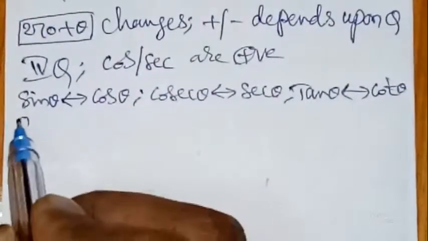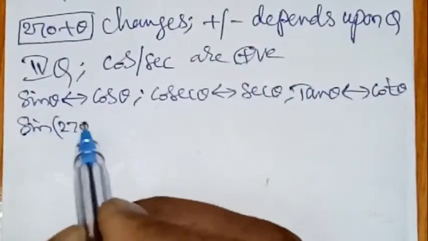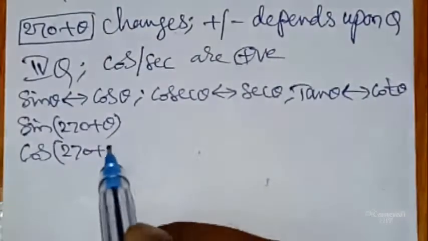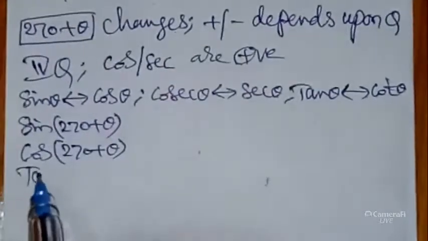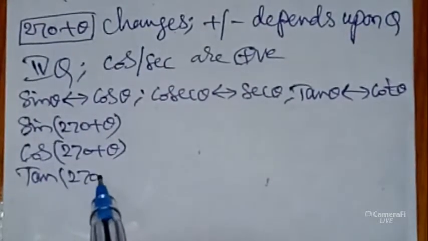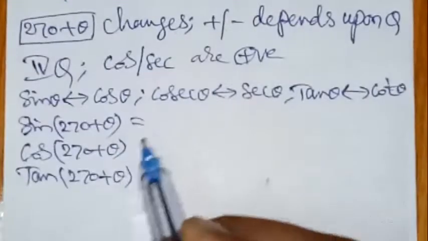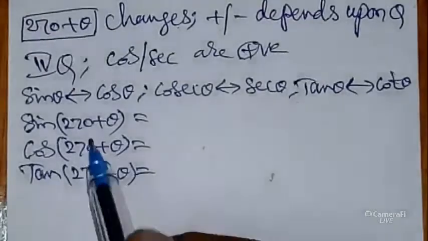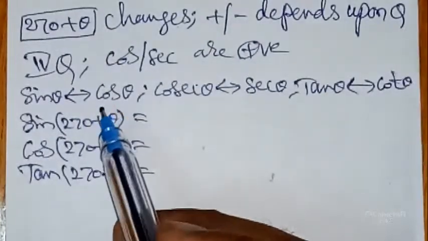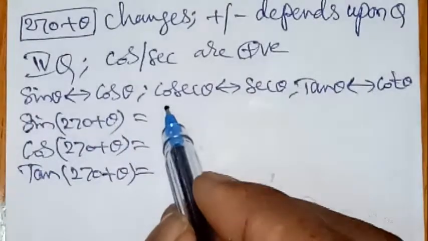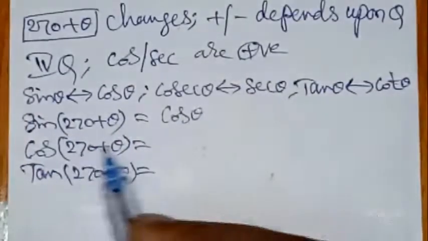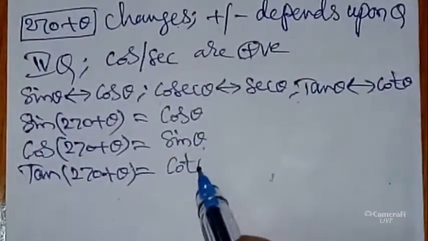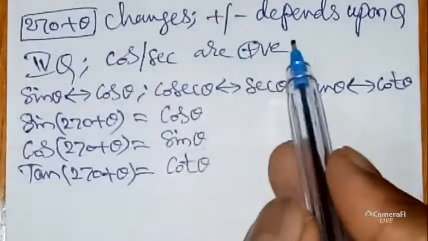Now I wanted to tell you sin(270 plus theta), cos(270 plus theta), tan(270 plus theta) values. Later I will explain you the reciprocals of these values. So here changes are there. What are the changes, my dear students? Sin will change to cos, cos will change to sin, tan will change to cot, and plus or minus.